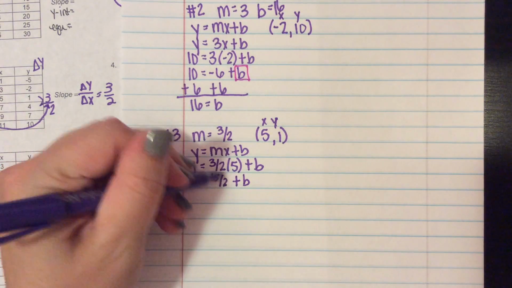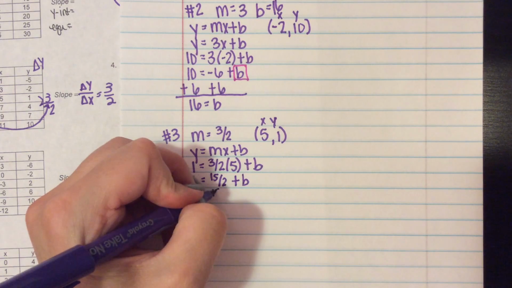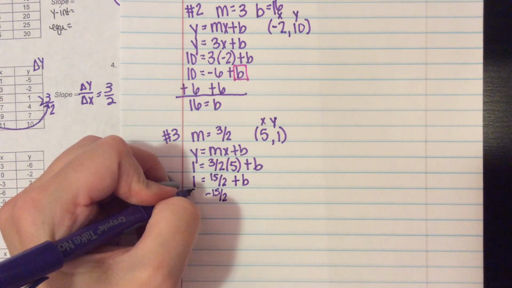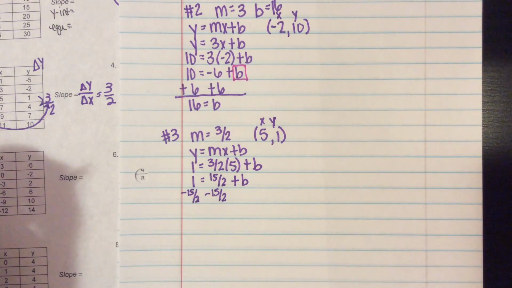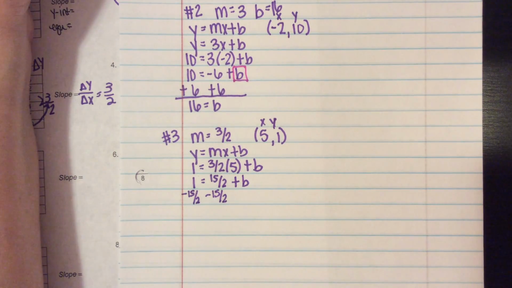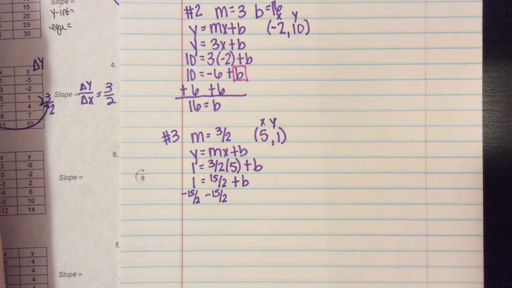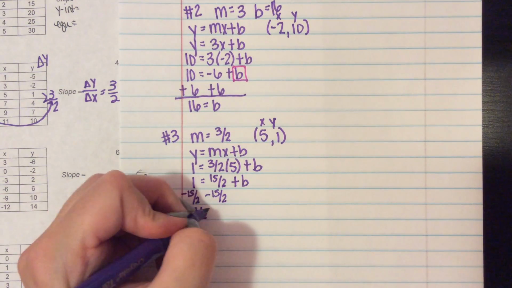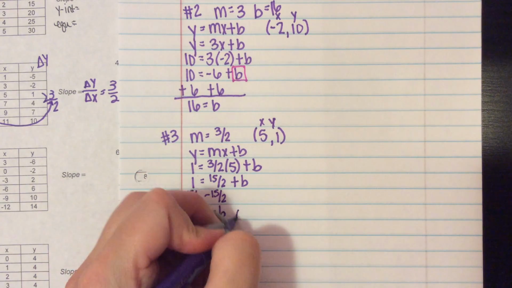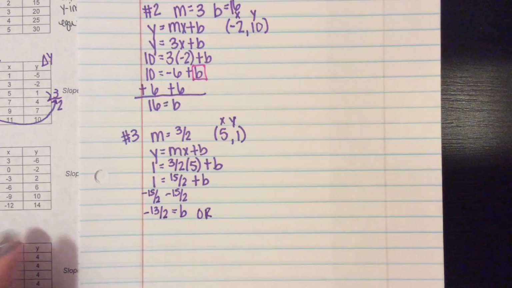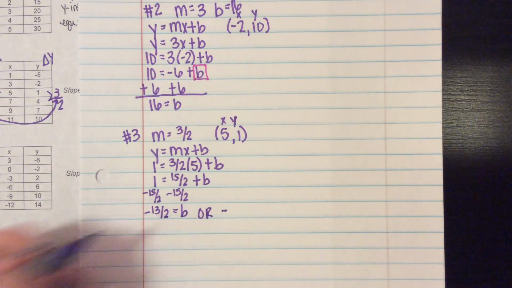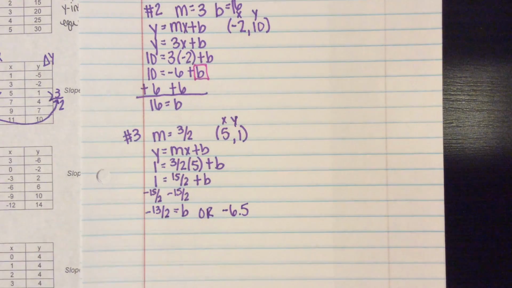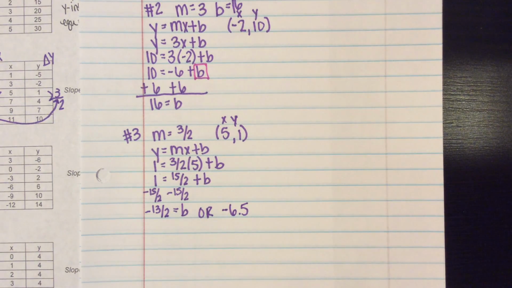Again, I've got to get rid of this positive 15 over 2, so I'm going to subtract 15 over 2 from both sides. And that leaves me with a negative 13 over 2 is equal to b, or a negative 6.5 is my b.